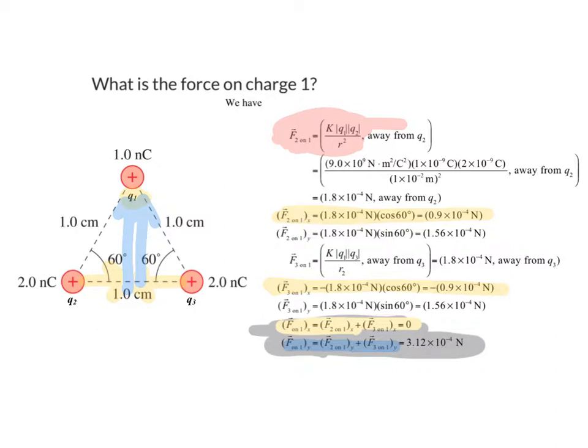So the force of 2 on 1, that's going to be this big pink arrow. All right, the force of 2 on 1. In fact, it's going to be more like this, because that charge wants to get pushed away along that same line.